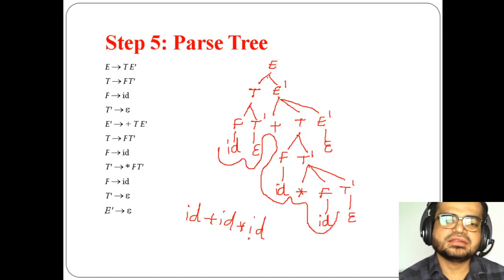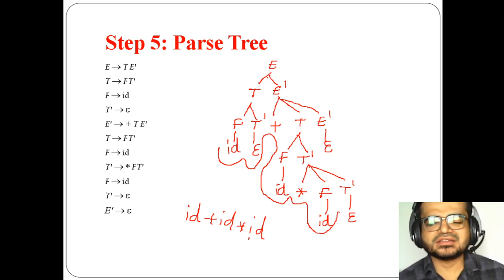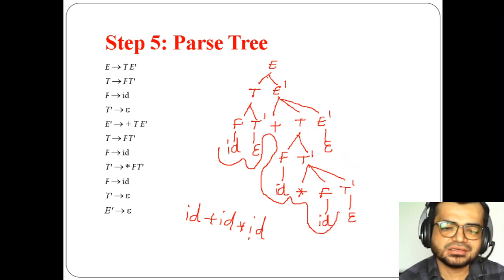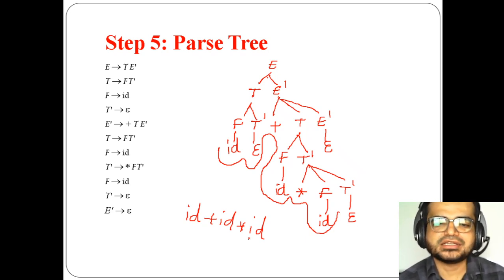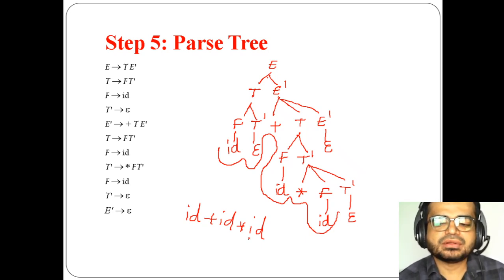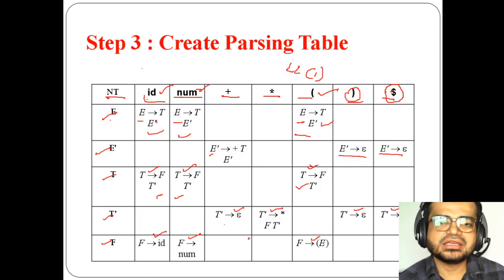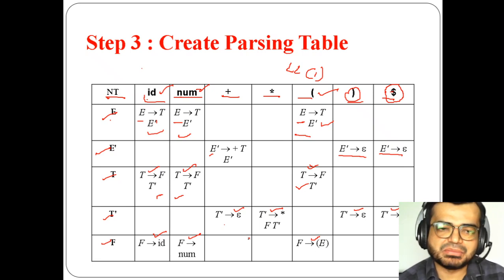Okay, so this is probably the last step, to draw a parse tree, because ultimately what is the role of the parser? The role of the parser is to get a parse tree from the given set of tokens and the given set of productions. And one more thing is that here you use a parsing table.